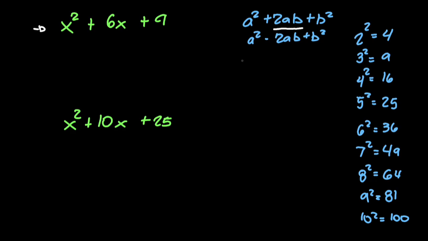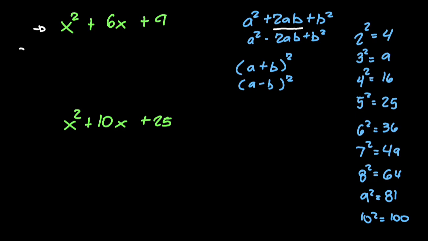So the answer for this would be a plus b raised to the power of 2, or a minus b raised to the power of 2, wherein the sign would be negative. But since ours here is a positive, we would follow this a plus b raised to the power of 2.